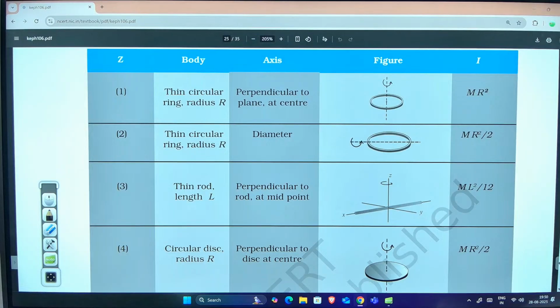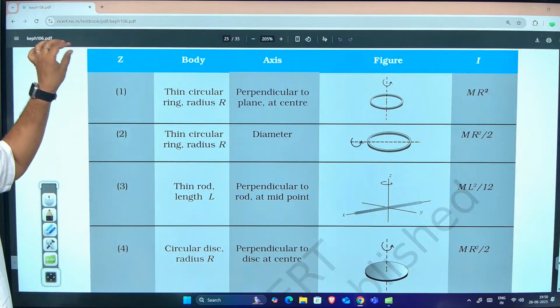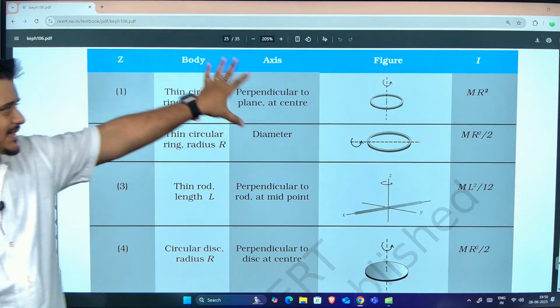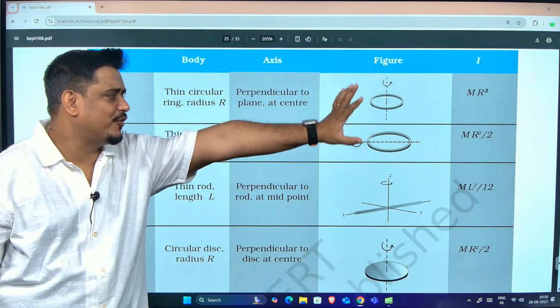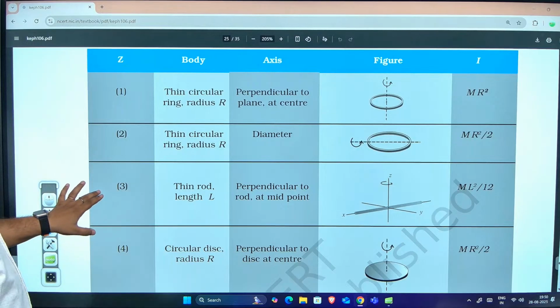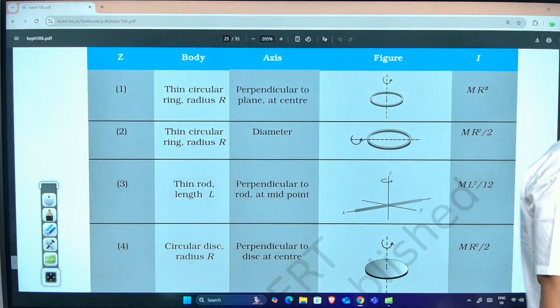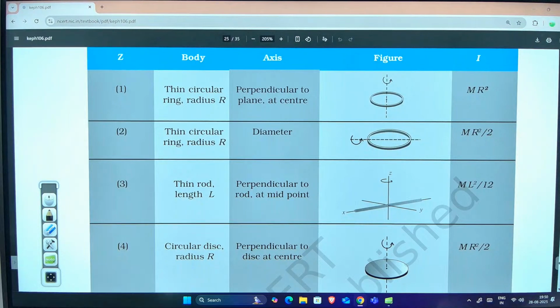You can make the same tabular column. You can write the body, the axis of rotation and the moment of inertia. Figure if you want, you can draw as you wish. And draw it for 1, 3 and 4 fast. If you want, you can draw even for 2, but 2 I will be deriving in Sunday's class.